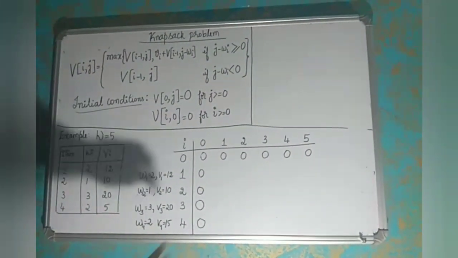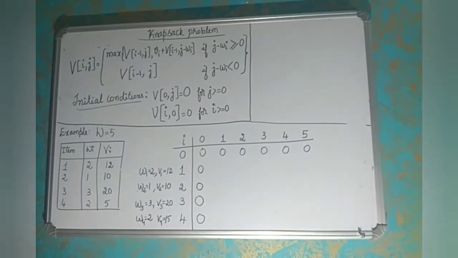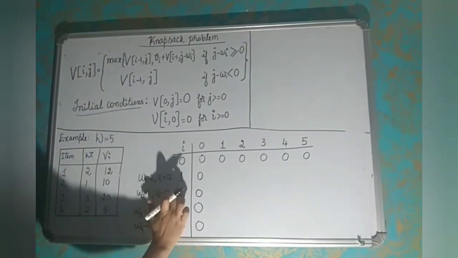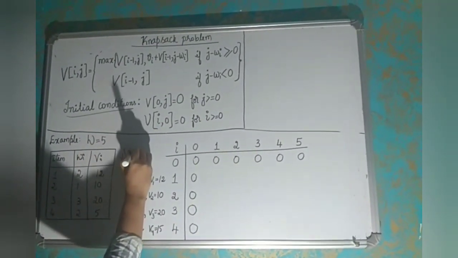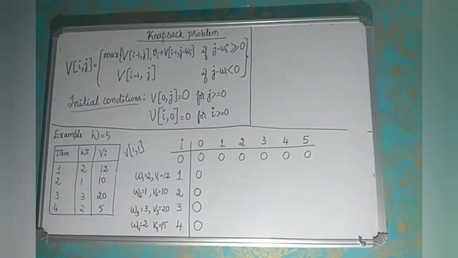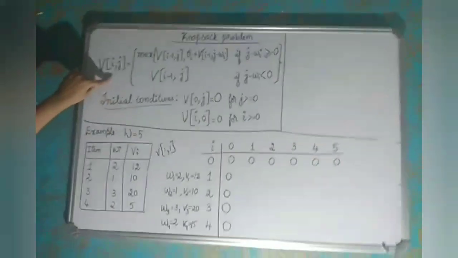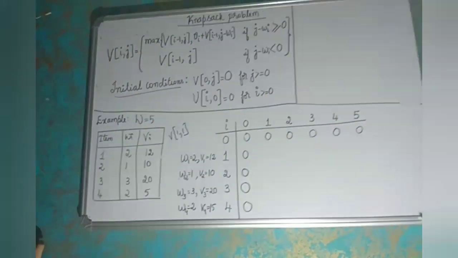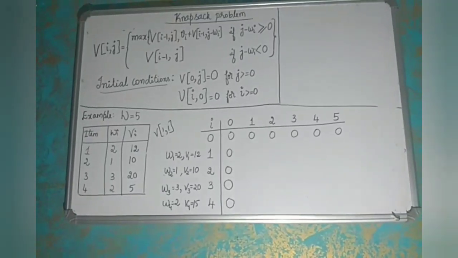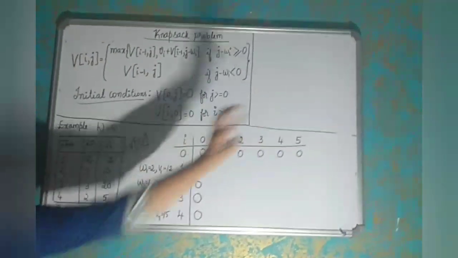Now, how to find this one? So, we have to use the recurrence relation. Now, we are going to find V of 1, 1. So, what does the recurrence relation say? We have got 2 cases here. One is j minus wi is greater than or equal to 0. What is j? These are the j values.